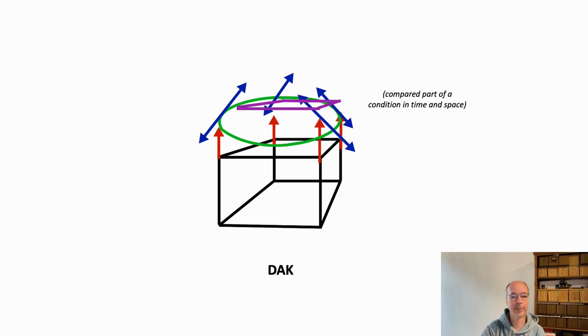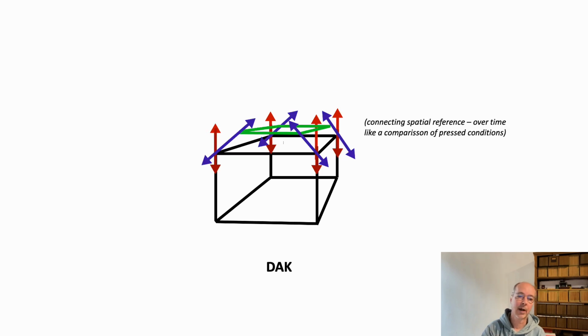So compared to the D with this extra dimension, it means it will make a comparison of one space to another space. I will compare the conditions of one space and time with the other conditions in time and space, and I will deal with the breaking point. So what I will do in the D is not just a spatial reference that is connecting, like you have in the roof with two spaces that you can often see.